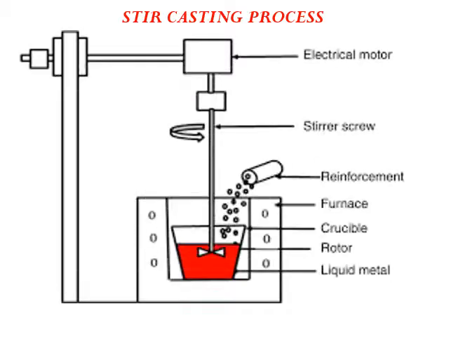So how exactly does this stir casting work? The pictorial view is as shown in the figure. Normally these ceramic particles, which have a high melting point, are dispersed in a metal matrix.